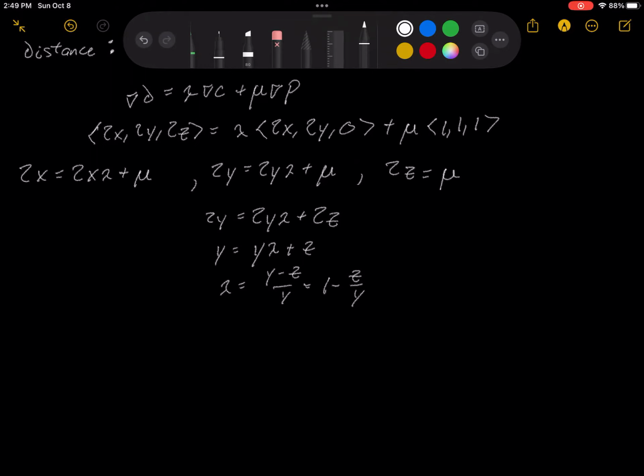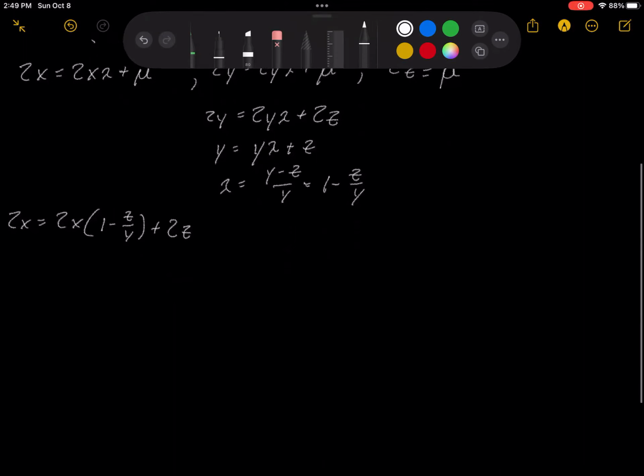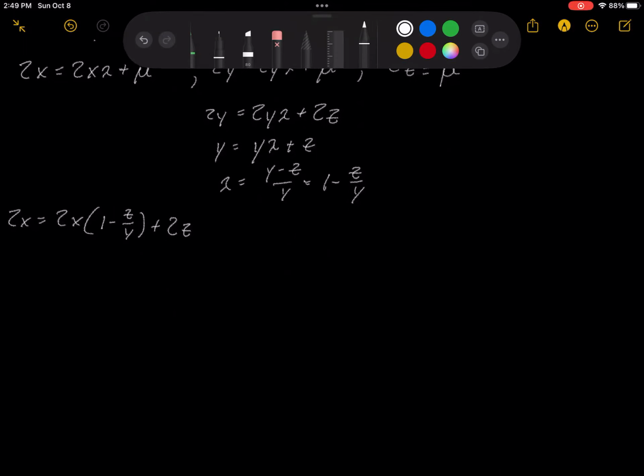All right, moving to the x. 2x must be equal to 2x lambda plus mu. All right, everything has a 2 in it. Let's get rid of that. x is equal to x lambda plus z.